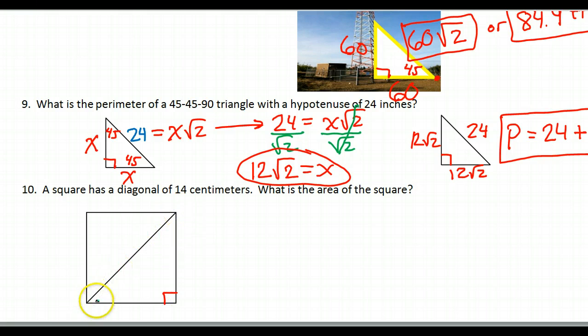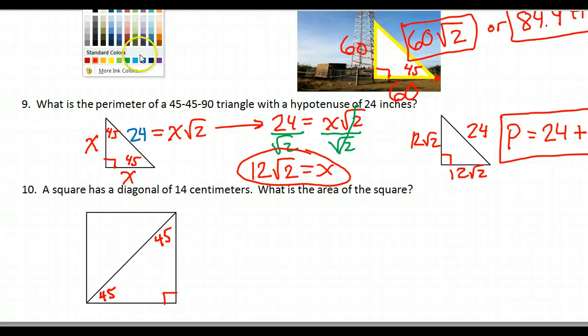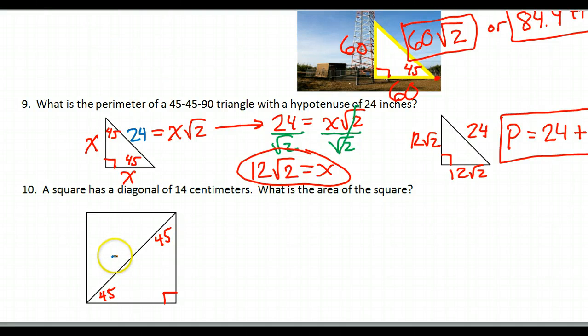And anytime you split a square in half with a diagonal, you're creating a 45, 45, 90 triangle every single time. And we're given that the diagonal is 14. So this is 14 centimeters.